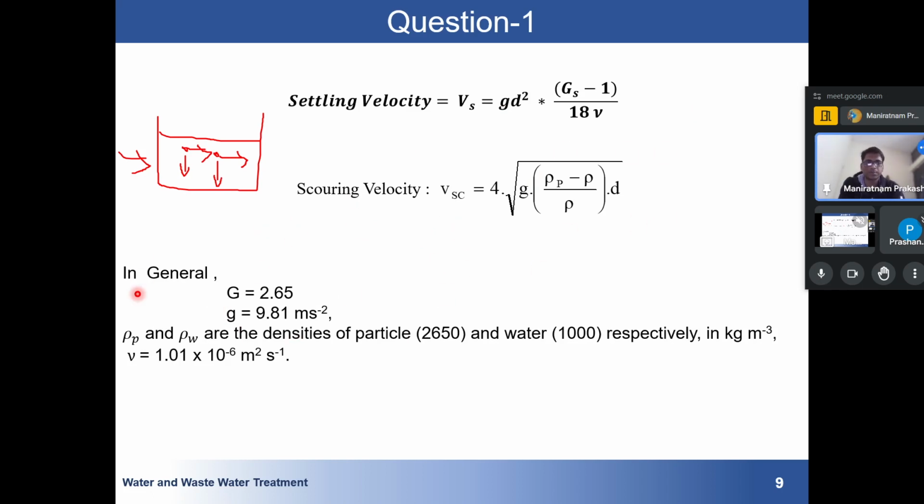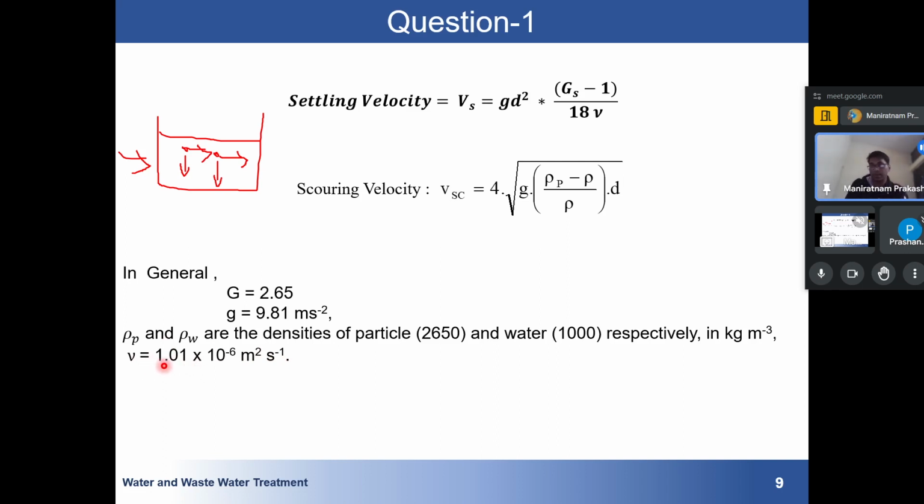Generally for any question this value will be given to you, but from many research papers and wastewater treatment plants, they have generalized the values and generally take Gs as 2.65. This is the density and this is the kinematic viscosity; remember its unit is meter square per second, 1.01 times 10 to the power minus 6 meter square per second.